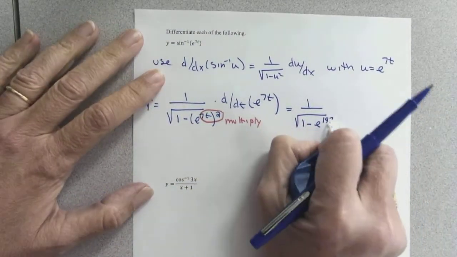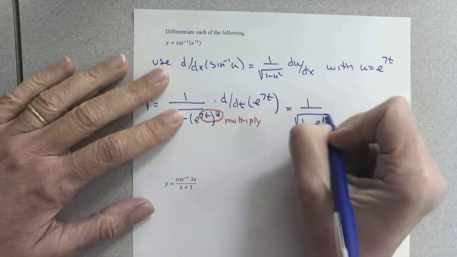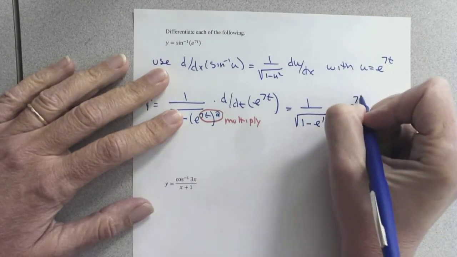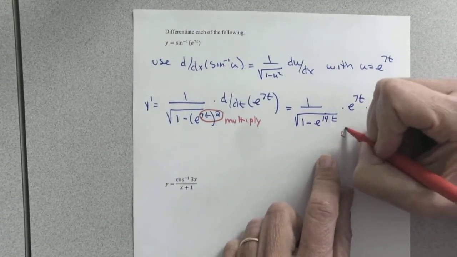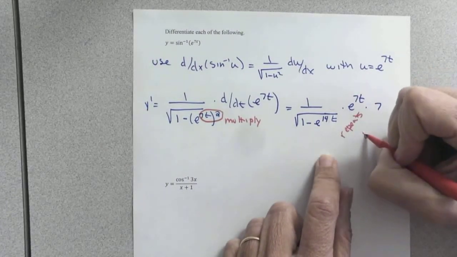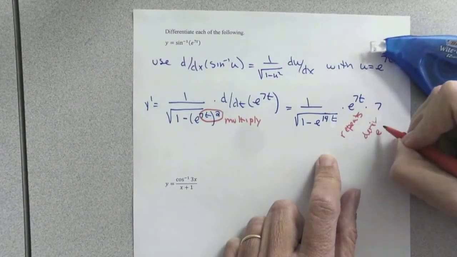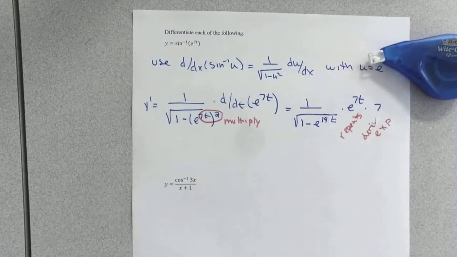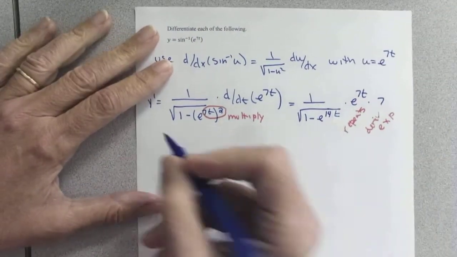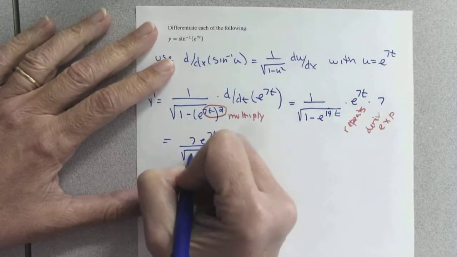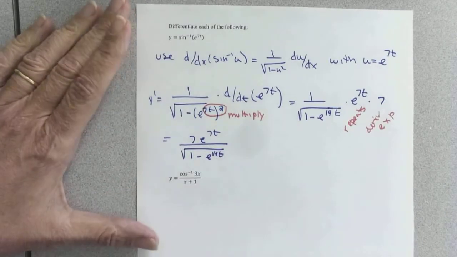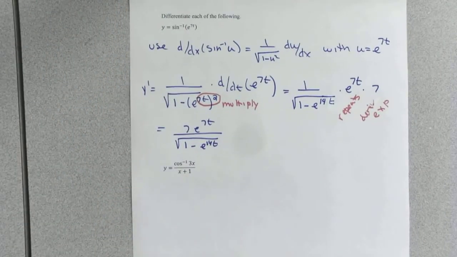Then the e repeats, times the derivative of the exponent, for a pretty answer of 7e to the 7t over the square root of 1 minus e to the 14t. And there's my derivative. And we'll end this video and pick up with the next problem.